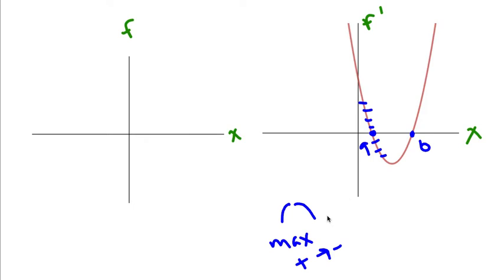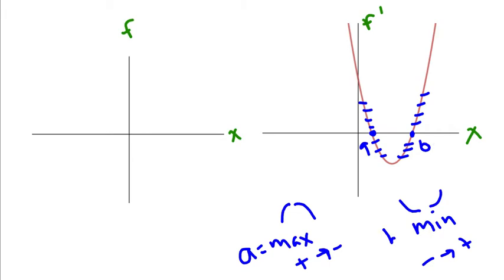So A was a max. And mins, remember mins from our tables, went from a negative to a positive, right? Like a negative to a positive on your slopes. On your values, they go from negative values, like these are all negative values, to positive values. So B then would be a min.